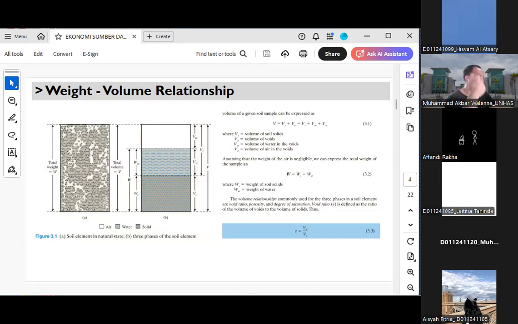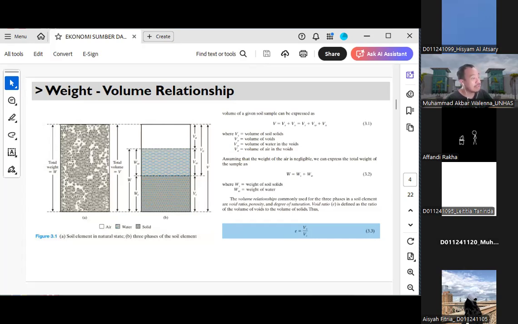The first component is the volume of solids, the second is the volume of water, denoted as Vw, the volume of solid is denoted as Vs, and lastly is the volume of air.